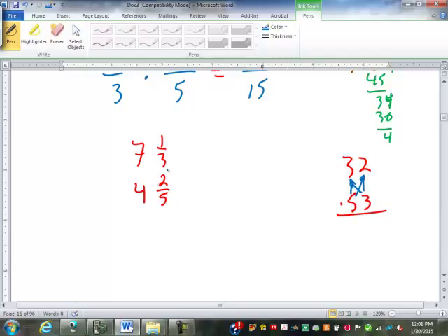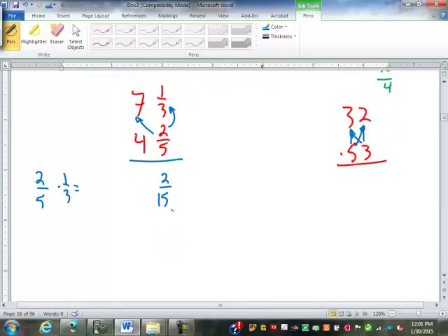Well, same here. Not only does the 2/5 have to multiply the 1/3, which will give you 2/15, but the 2/5 also has to multiply the 7. Well, to multiply a fraction by a whole number, you make the 7 a fraction by doing 7 over 1. So that's 14 over 5, or 2 4/5.